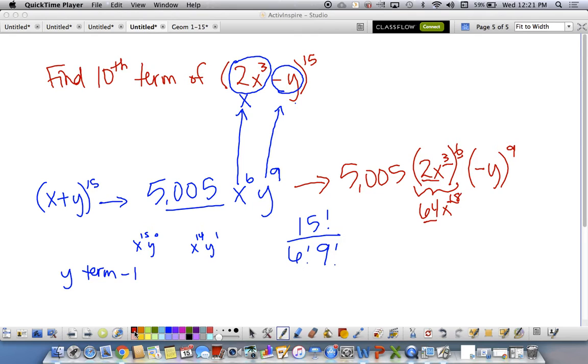So it's negative, and then we multiply all of that times 5,005. So 5,005 times 64 is 320,000. Not 320,000, negative 320.